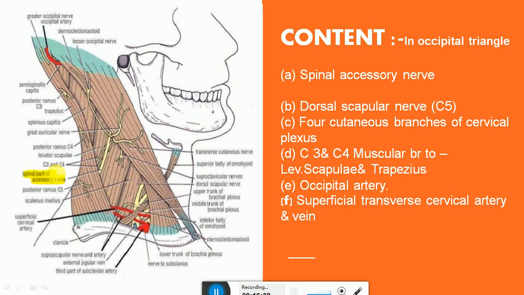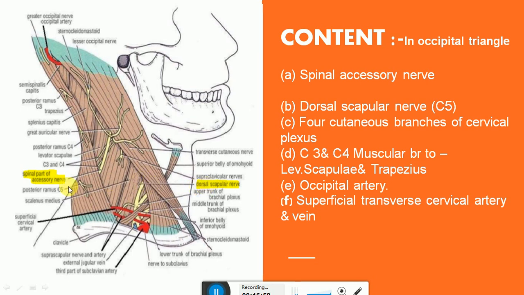Next we have the dorsal scapular nerve. Here we have the dorsal scapular nerve.